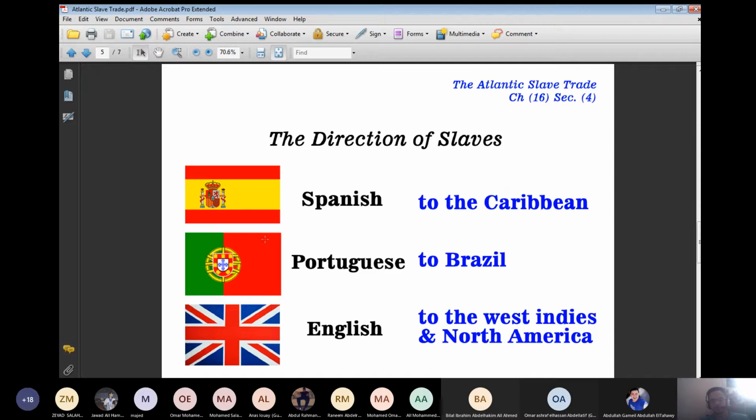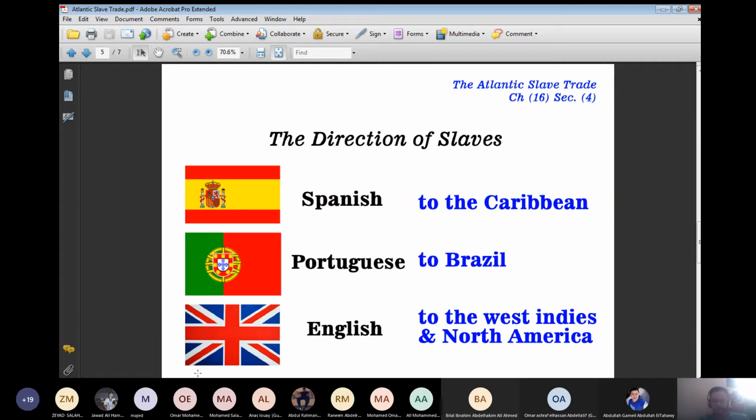So the Portuguese will send their slaves to Brazil. The English traders will send their slaves to the West Indies and North America. Okay, keep it in your mind, guys. The Spanish to the Caribbean, the Portuguese to Brazil, the English to the West Indies and North America.